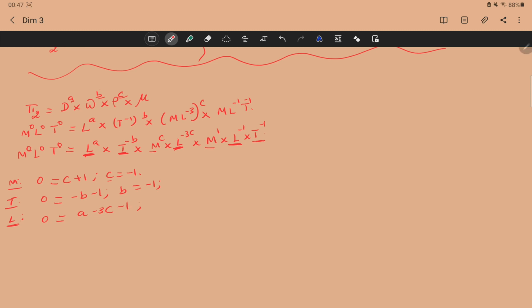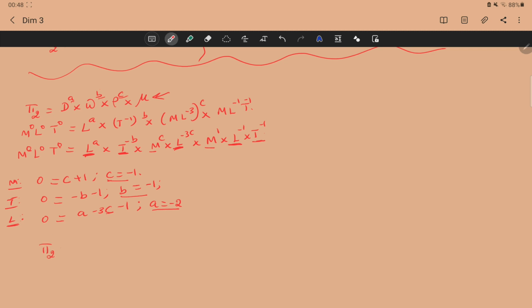Since we already know the value for C, which is negative 1, minus 3 times minus 1 is plus 3, plus 3 minus 1 is plus 2. When it goes to the other side, it becomes minus 2. So A equals negative 2. People, you can do it yourself. Now I have the value for A, B and C, so all that I have to do is substitute in the pi 2 equation.